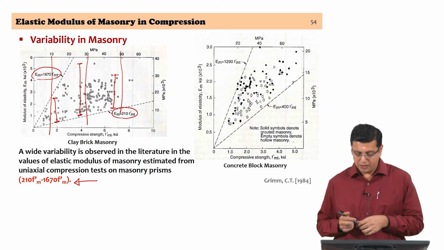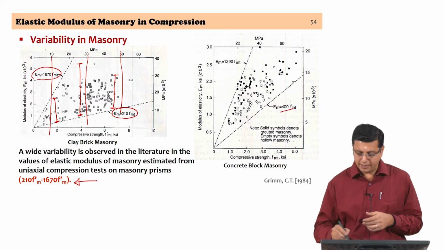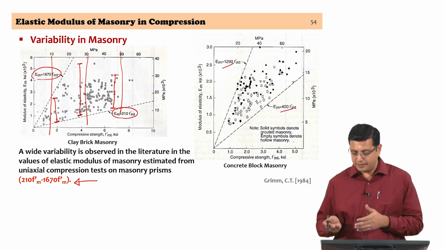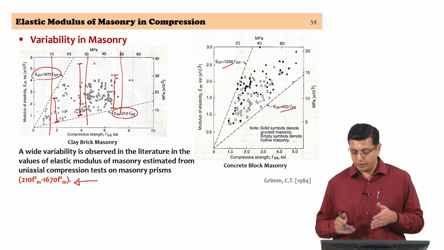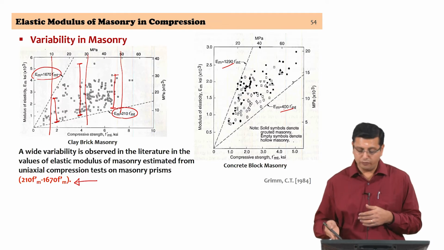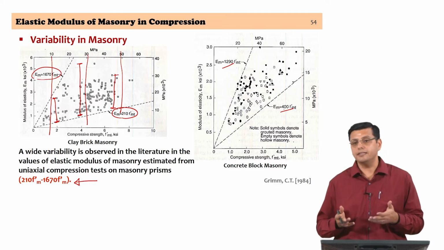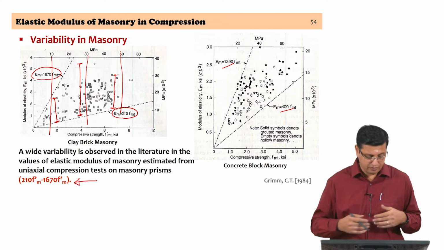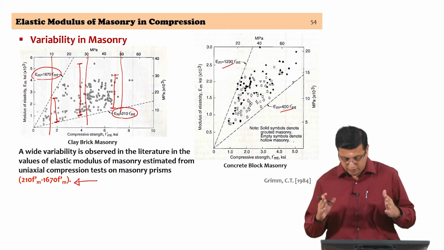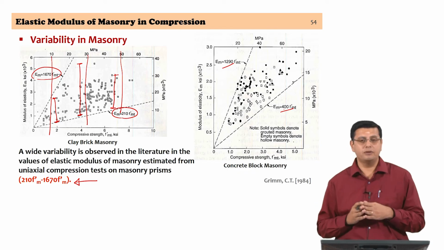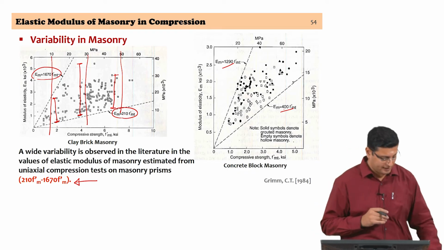So, here you see that again it is about 3 times, where the multiplying factor to the compressive strength to get your modulus of elasticity is about 400 to 1290, 3 times. Earlier we had seen that it is about 8 times. So, appreciate the reduction in variability, but the variability still exists.